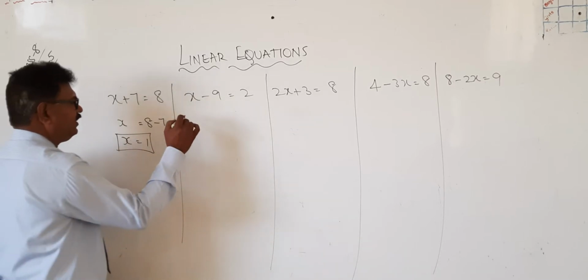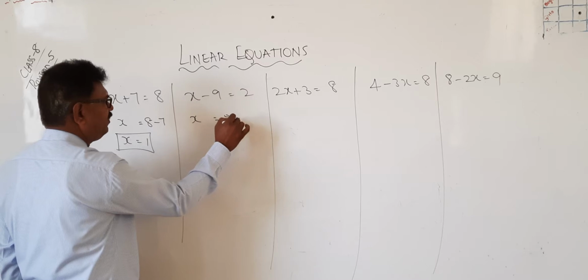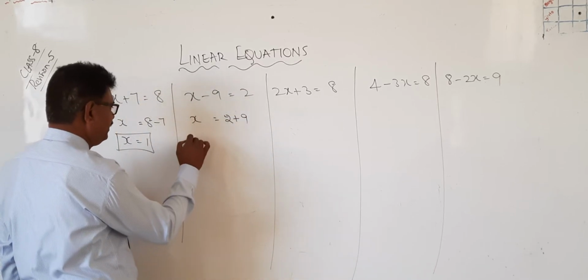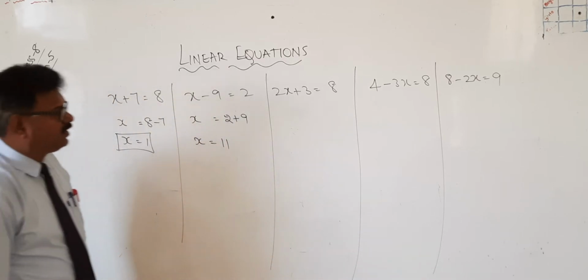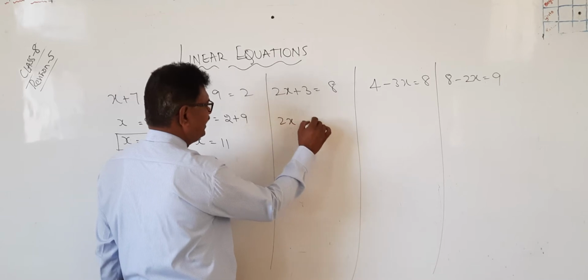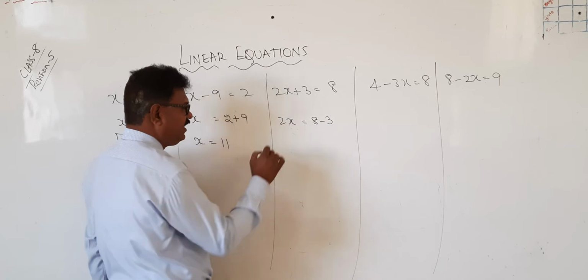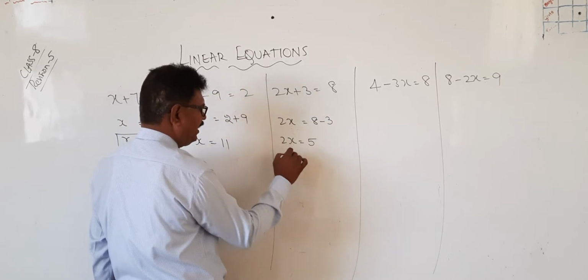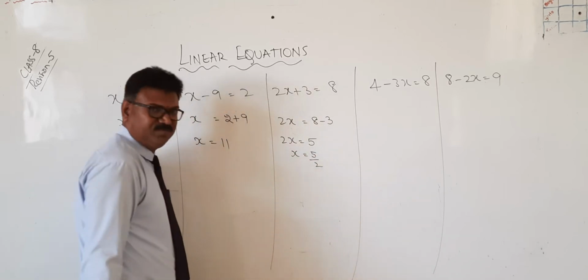Next, x is equal to 2 plus 9, minus 9 will become plus 9. Therefore, x equal to 11. Come here, same. 2x is equal to 8 plus 3, if it comes here, it will become minus 3. Therefore, 2x equal to 5 and x equal to 5 by 2.